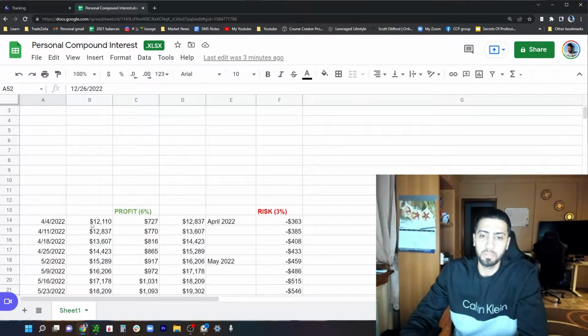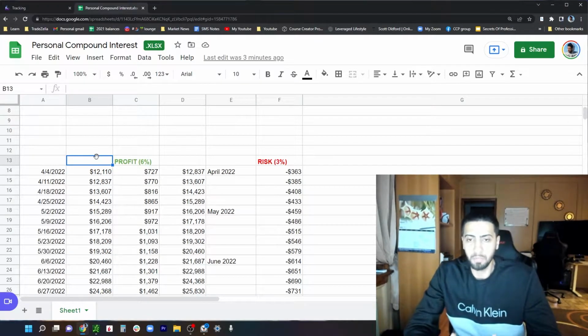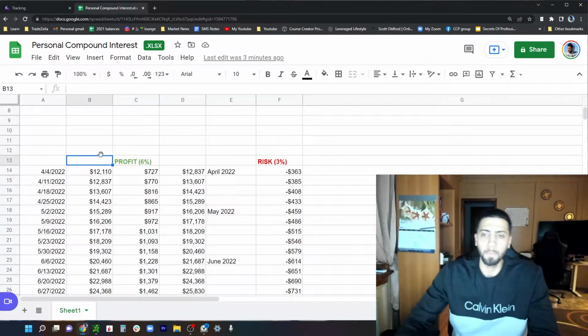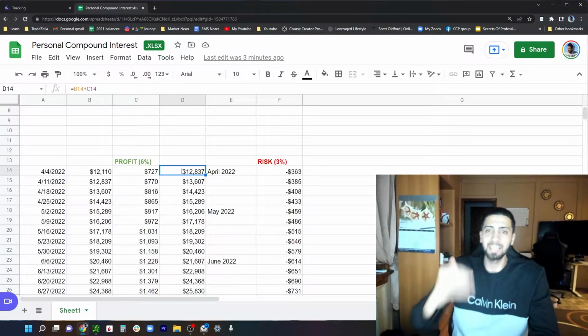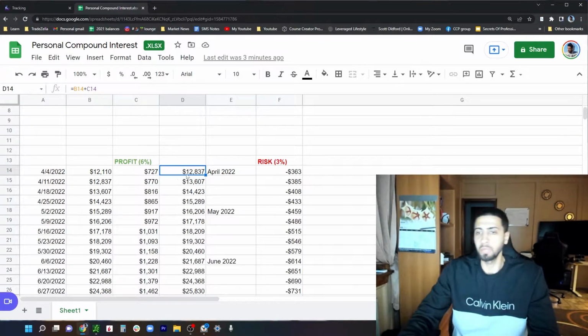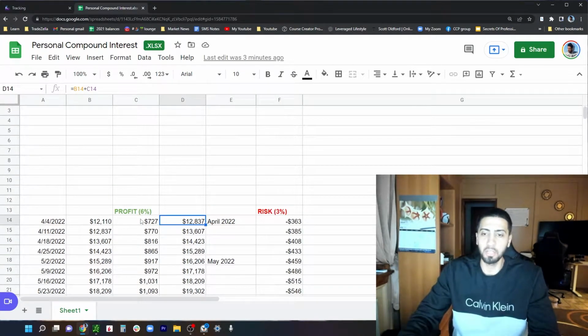So now if we just take this number right here, this was the value of the account that I'm doing. By the way, I'm doing a 5K account challenge, and right now the account is at 12.9. And if you can see here, I'm technically ahead of the challenge based on what I need to do every single week to reach the 100K. So if you look at the first week here, we'll see a couple of things.